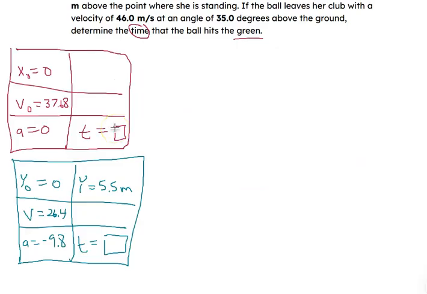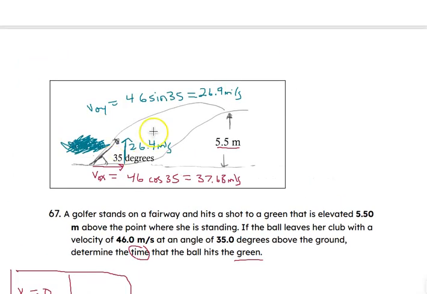Okay, so it started with no horizontal head start on the ground. We already figured out the two initial speeds. No forces left and right, gravity up and down. If you look at the diagram, the information that you had about the time that you cared about was, we have no idea how far over it went, but we know it went up 5.5 meters.